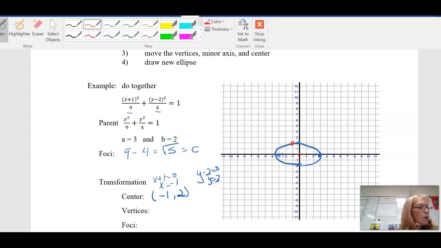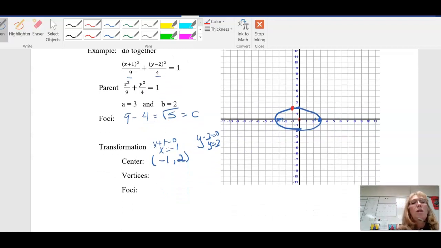Now what you're going to do with all your vertices is you're actually just going to add that point to it. So we can either move each one negative 1, 2, or we can actually show that math. So let's do that math just so you understand. We know our original vertices are, let's start with the x values, negative 3, 0 and 3, 0.